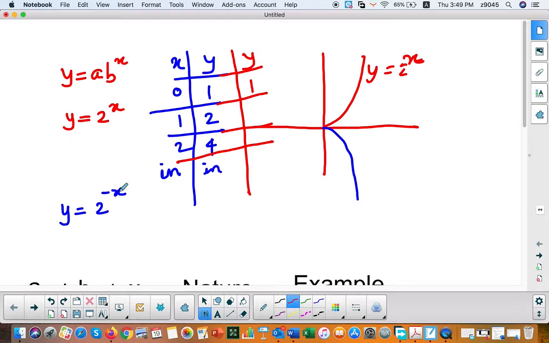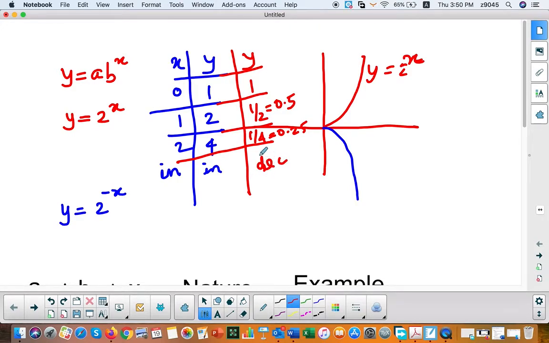When x is 1, 2 to the power minus 1 is 1 over 2, which is equal to 0.5. Similarly, when x is 2, 2 to the power minus 2 is 1 over 4, which is equal to 0.25. So we can see as x is increasing, values of y are decreasing.